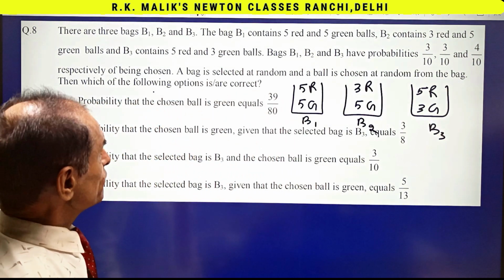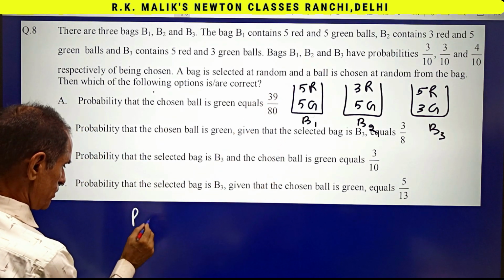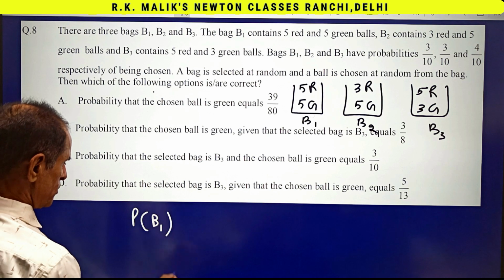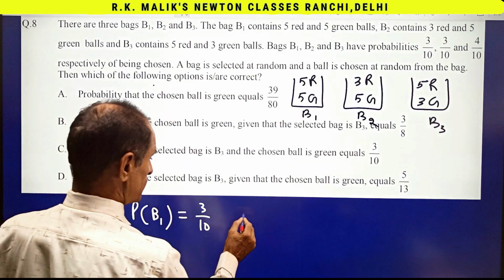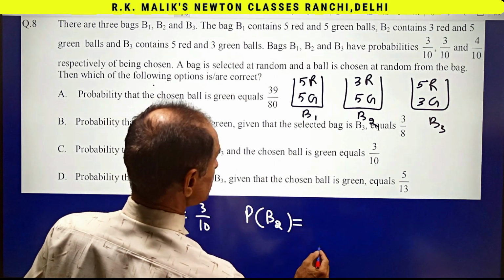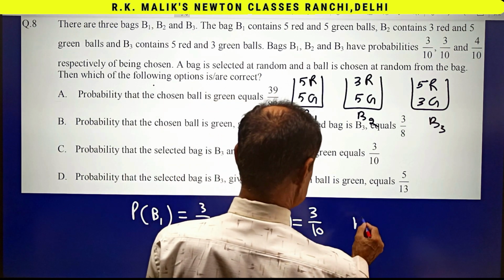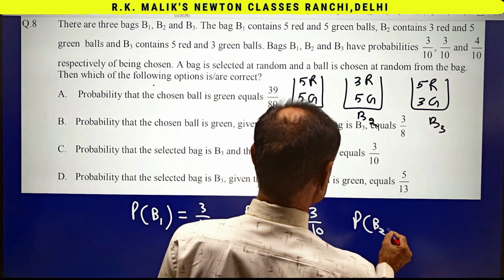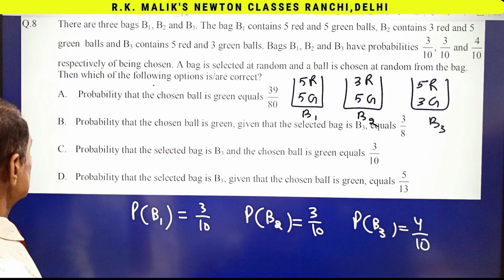And it is also given that the probability of selecting the bag B1 is equal to 3 by 10. Probability of selecting the bag B2 is again 3 by 10. Probability of selecting the bag B3 is 4 by 10.